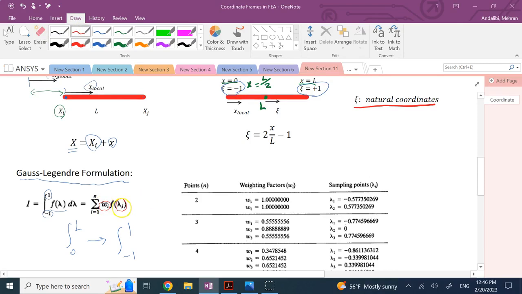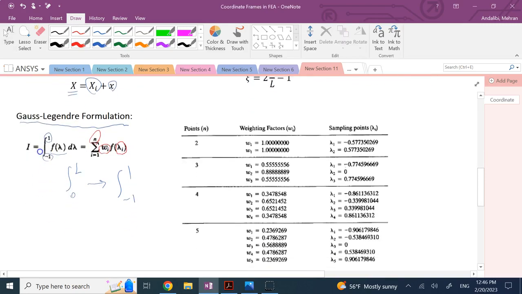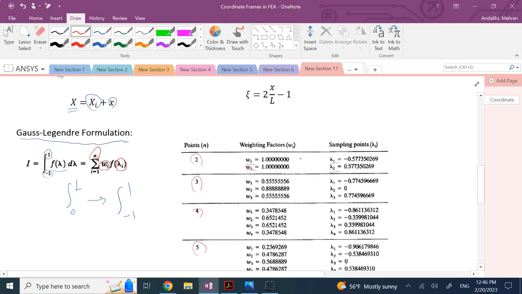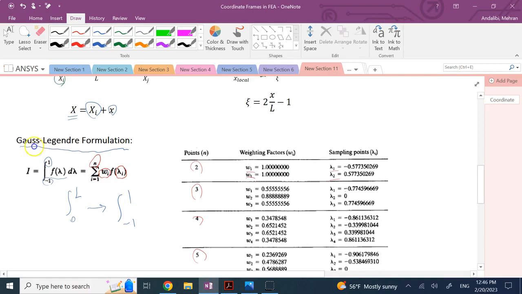And the location of these test points or evaluation points and the weights and the number of these points are provided in tables that you can find online. So if you want to use 2 terms, 3 terms, 4 or 5 terms, the more terms you use, the more accurate your calculation is going to be. You can see the location of the evaluation or sampling points and the weights that you need. So that makes the integrations and the integration methods for formulations quite a bit easier if instead of the limits of the integral being arbitrary A to B or 0 to L, it's -1 to 1.